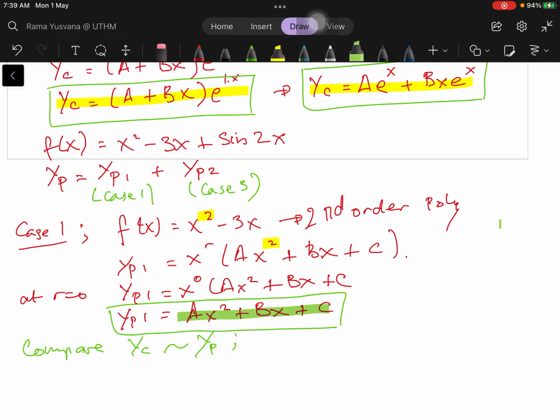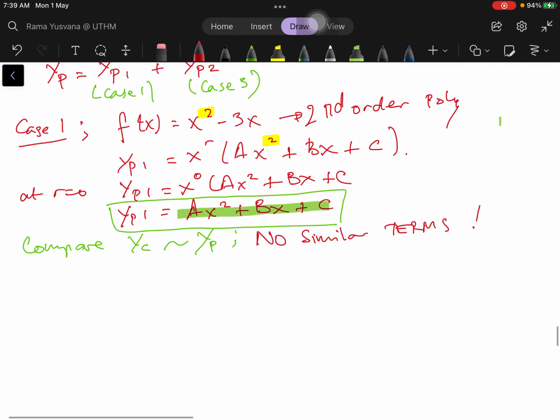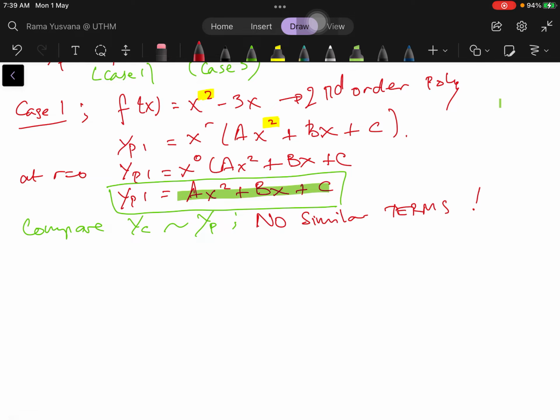So we have ax squared compared to this part here, and you can see there is no similarity. There are no similar terms, so we can proceed with the solution, where yp1 equals ax squared plus bx plus c.